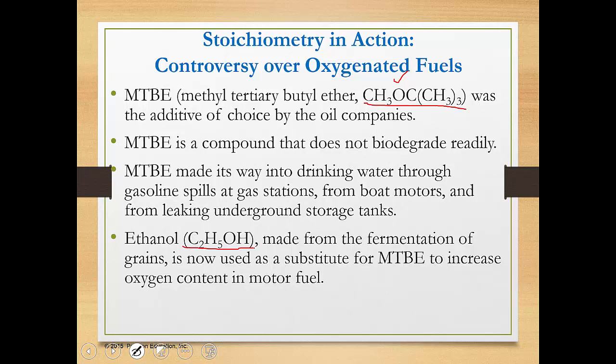But we still have it in our gasoline. When you go to the gas pump, you're going to see ethanol in your gasoline. Why is that? Well, that is the substitute for the MTBE. That is what increases the oxygen content and gives you cleaner combustion. That was the whole point of the ethanol, or it is now.